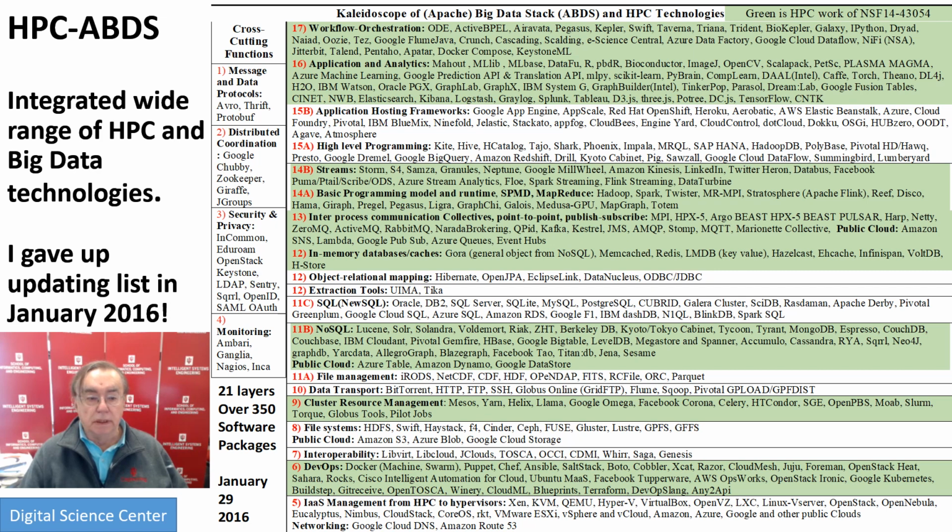So in here you also see there are actually 21 layers. They're numbered from 1 to 17, but three of them have A, B, or ABC divisions. The 14 and 15 are A and B, 11 is ABC, showing I didn't quite do the layers correctly. So I sliced up the software stack.